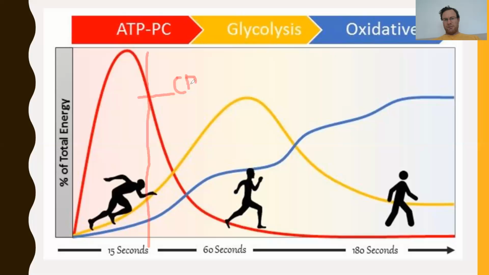So here's someone who's running for 10 seconds. The creatine phosphate system is being heavily used, but I'm also using a little bit of the yellow line. The yellow line is glycolysis. This is the lactate system. So I'll give it the word we've been using. So this is the lactate.